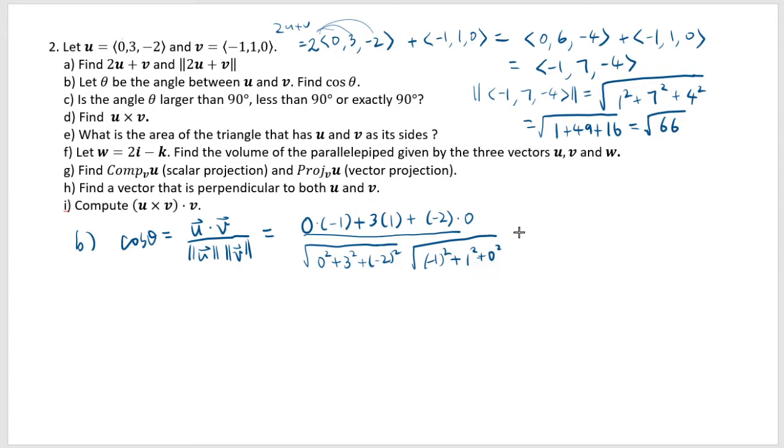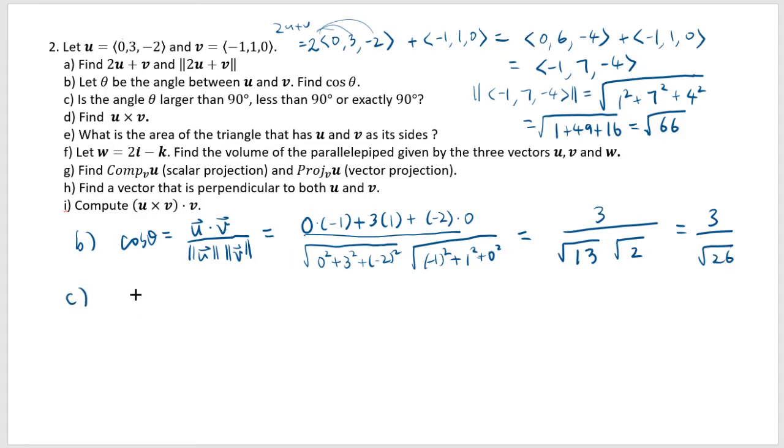So you just use these formulas. The top just becomes 3. The bottom one, 3 squared is 9. 2 squared is 4, so 9 plus 4 is the square root of 13. And then 1 plus 1, that's 2. So the answer would be 3 over square root of 26.